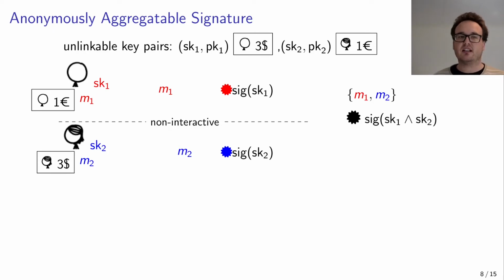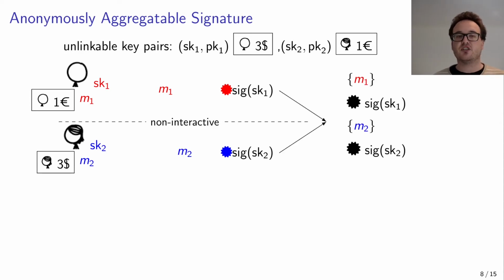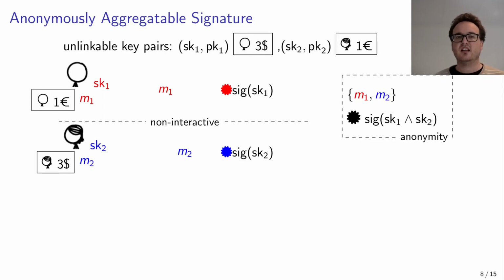The non-interactive setting is way more complicated, because if we just concatenate the signatures, the mapping between who signed which message in the set is apparent, and that hurts the anonymity. So the anonymity dictates that it has to be a true multi-signature over a set of messages. And this is not achievable by signing their respective messages.